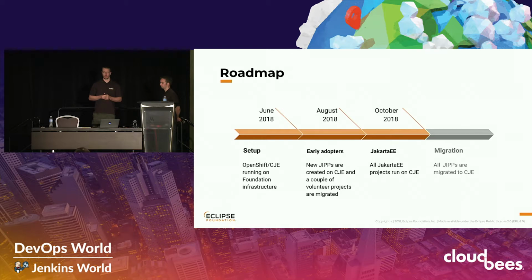And the mentioned Jakarta EE projects are now onboarding, 40 projects at one time, with a deadline that is coming up quite soon. So we are now in full onboarding mode and providing new JIPs for them. This is the main priority at the moment. But all our other projects should be migrated, and we're aiming for early 2019 to make that happen.